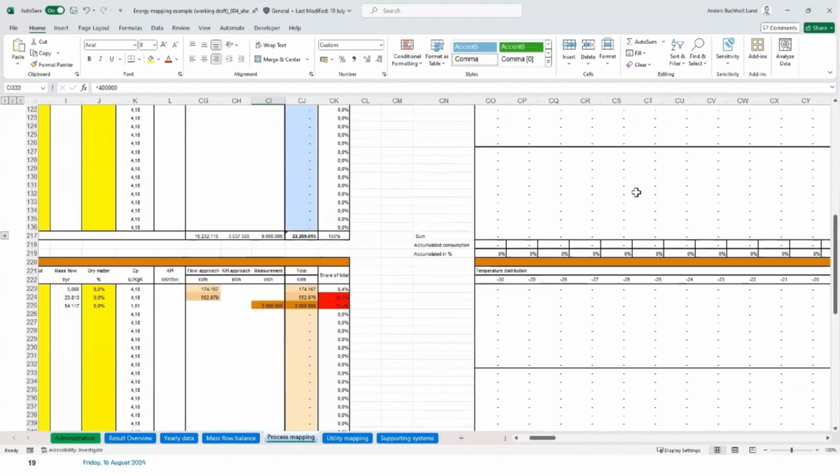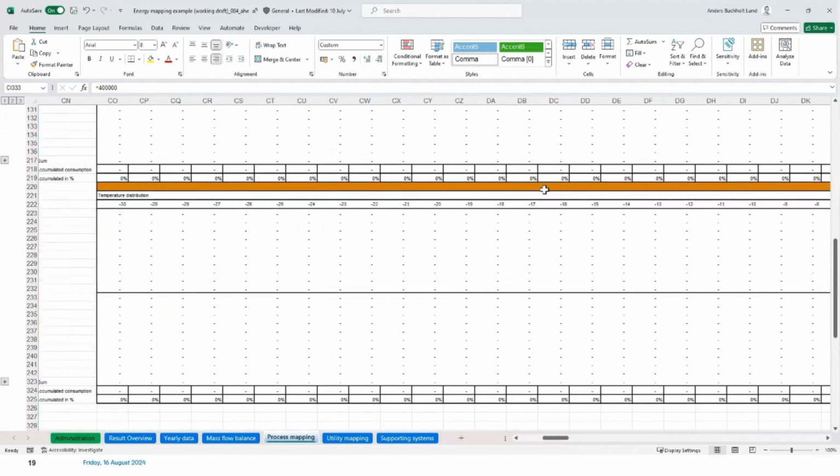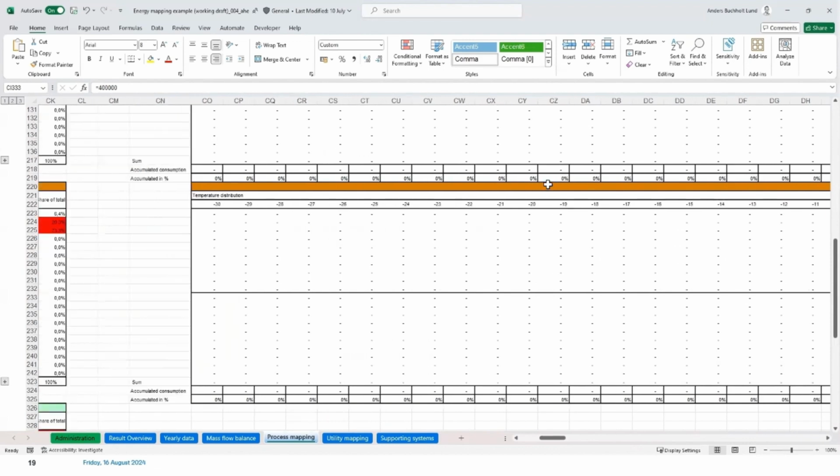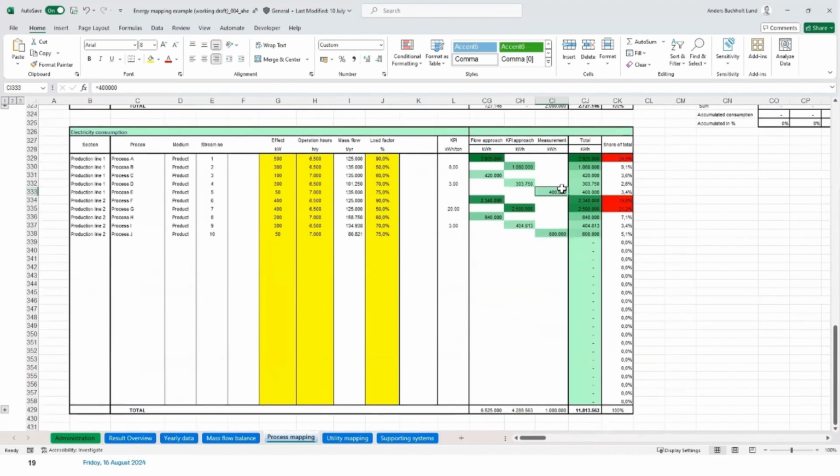So we're just making it open. So please keep in mind when you add in new lines, copy the whole line and paste it in, because otherwise you will not get this function. And these functions we are using in some of the result part where we are calculating how the energy is used, and we will get back to that.